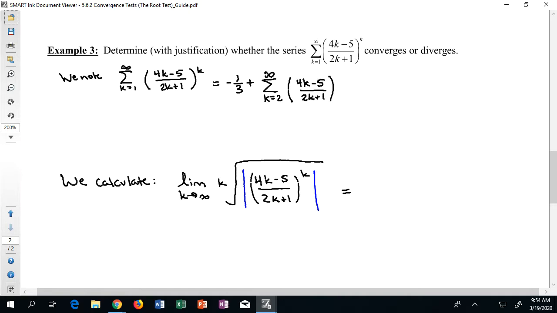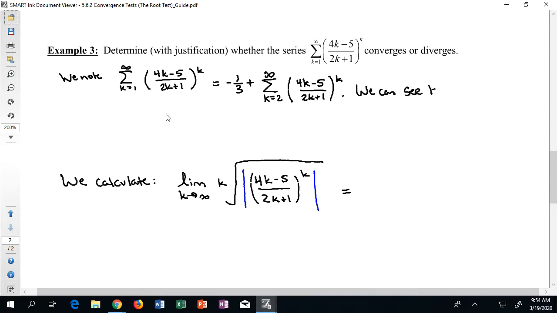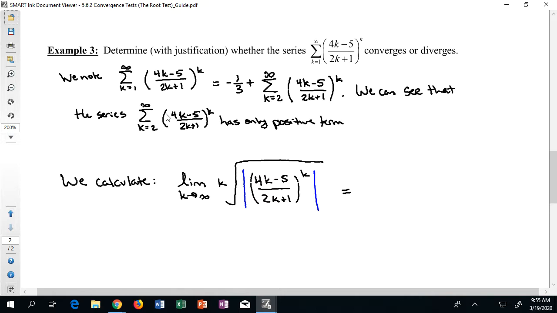Notice that the only thing I've changed here is the index. So I've kind of separated out the piece that's negative over here in the negative 1/3 from all the stuff that's positive. And now I can actually argue that we can see that the series that starts at 2 has only positive terms.